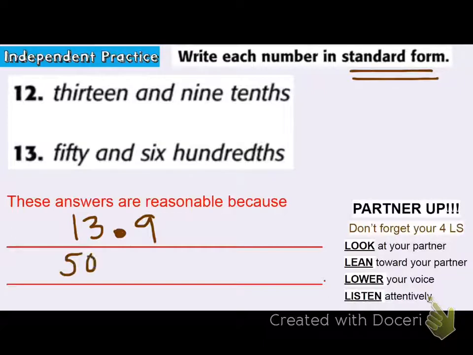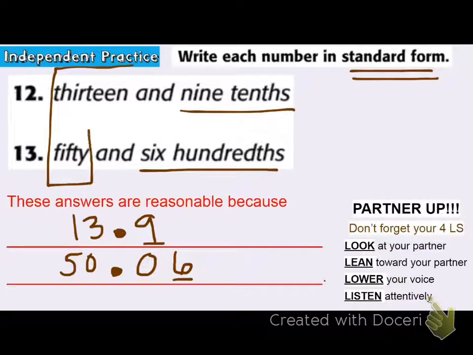Well, 50 and, there's that clue, 6 has to end in the hundredths place. I know that the answers are reasonable because the 9 is in the tenths place, the 6 is in the hundredths place, and then my whole numbers are also written correctly. I have the right answer.